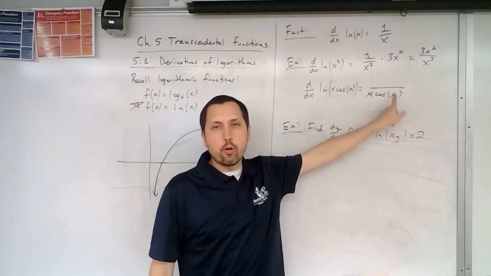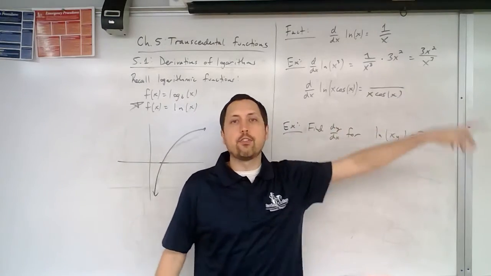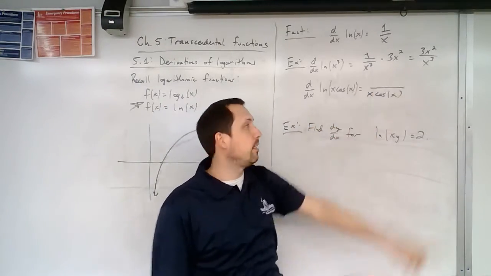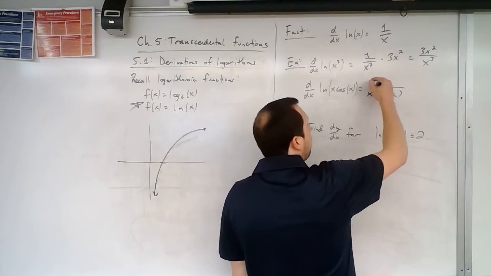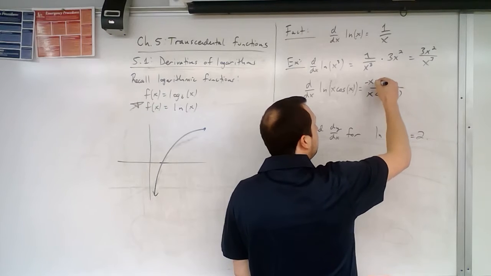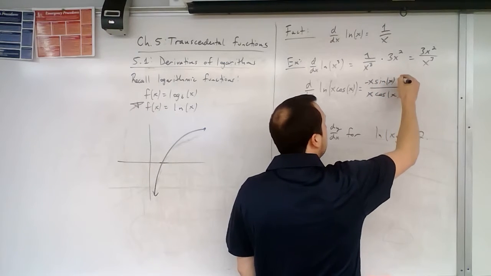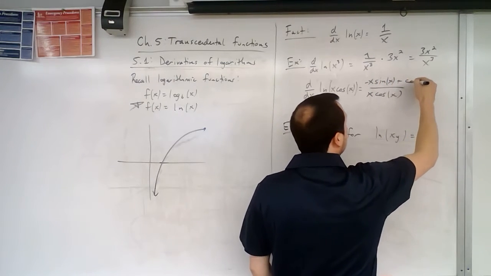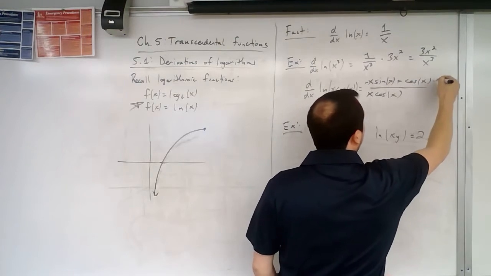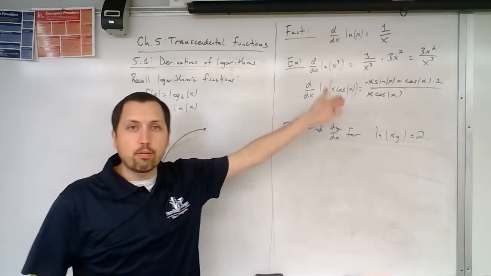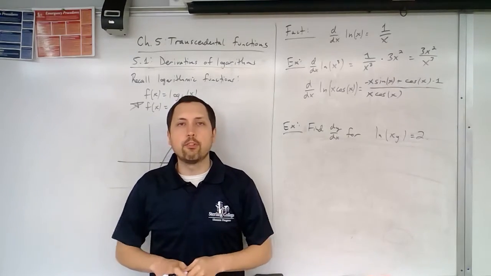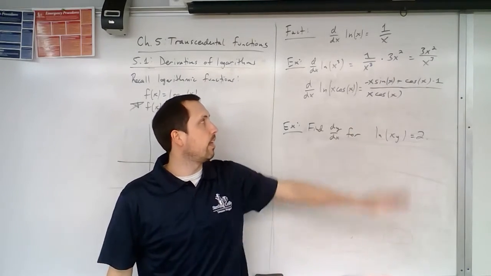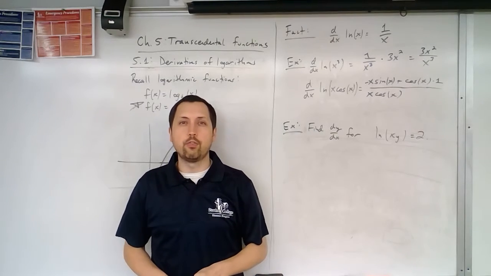So you have 1 over that, but now we multiply by the derivative, or in other words, the derivative goes on top here. The derivative requires the product rule. I have my first times the derivative of the second plus the second times the derivative of the first. So you use the product rule and you have that. Similar to things we've done before, we can do the same thing with natural log as my new function.